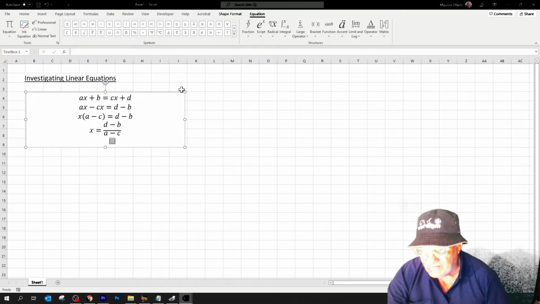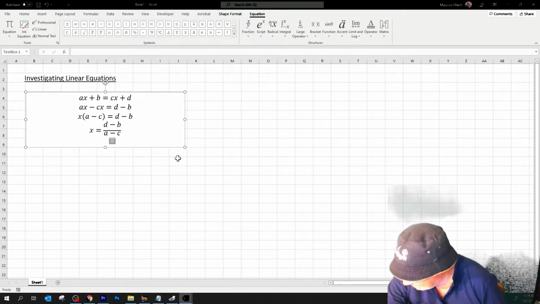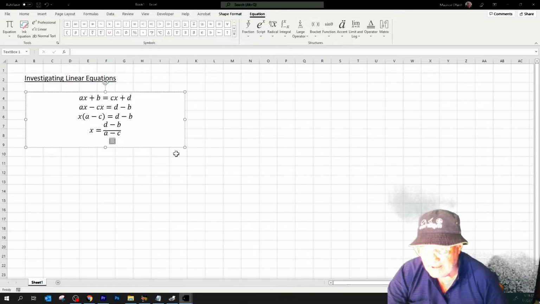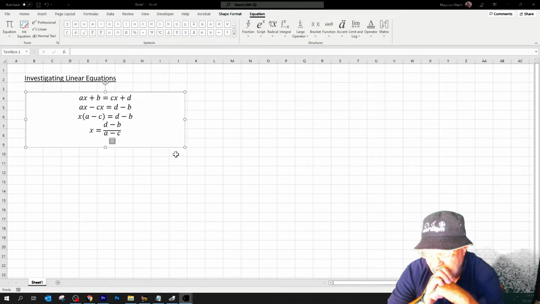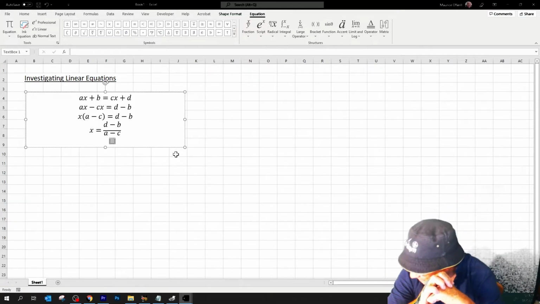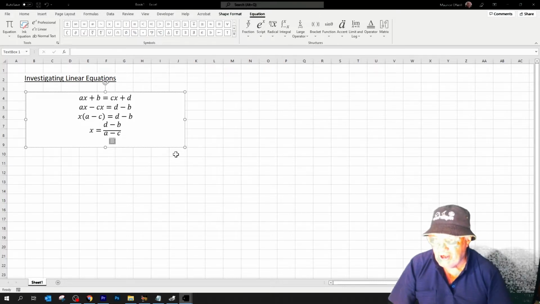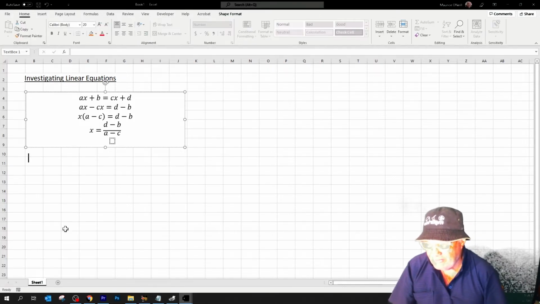Okay, and now I'm quite happy with that. And that is how you can find x. So now let's just have a look at the equation itself here.